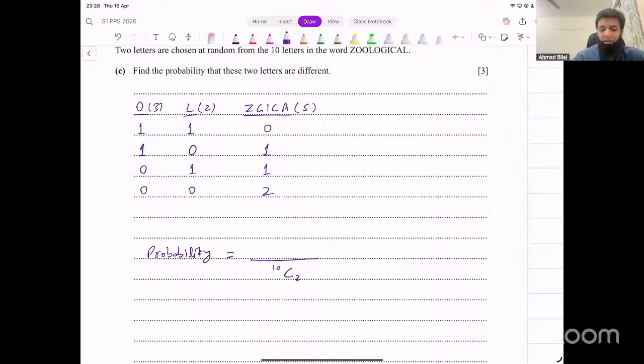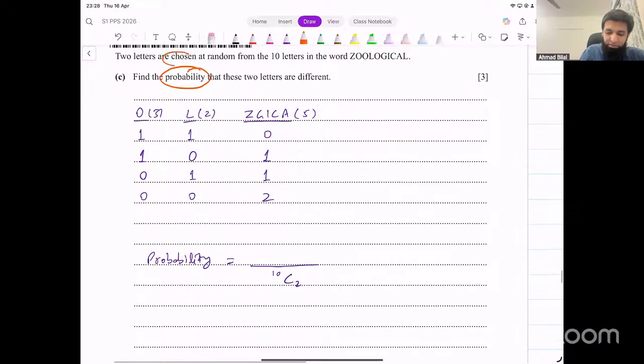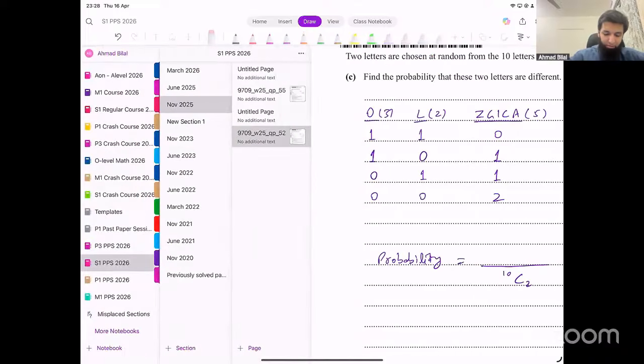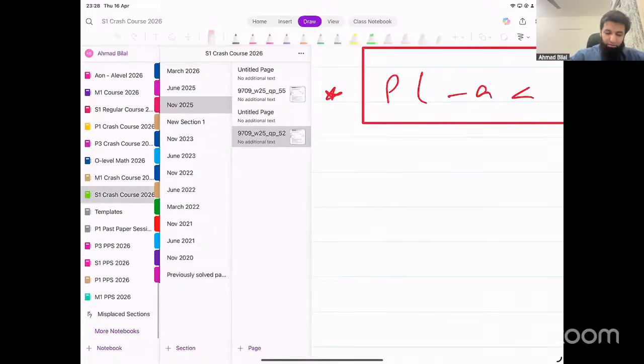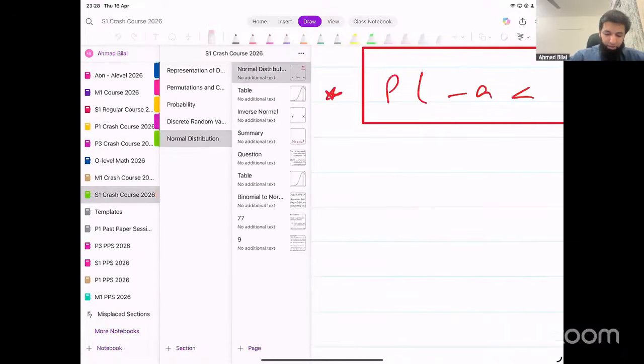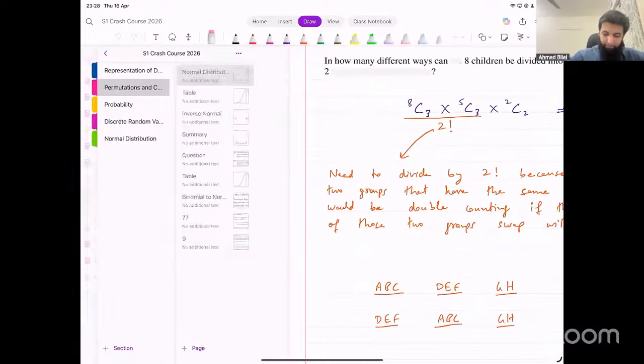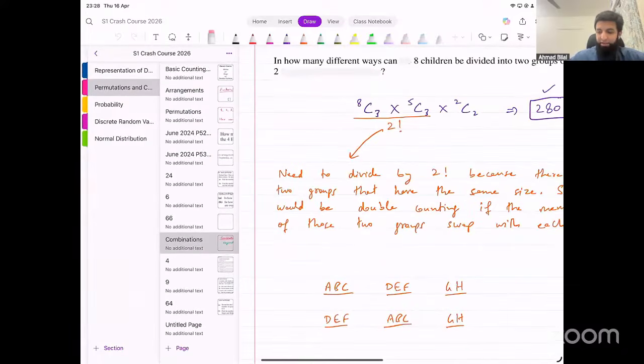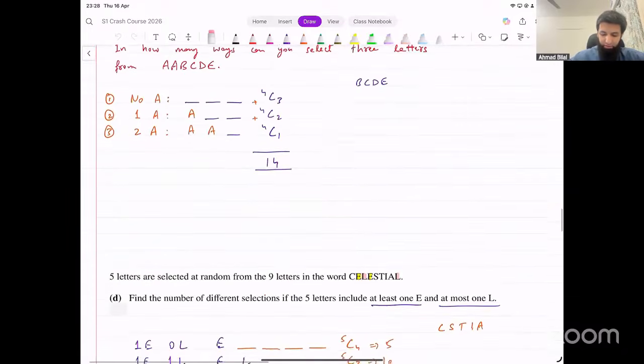What about the numerator? Remember, this is that case in which we are finding probability, and we have combinations, and we have repeated letters. What did we use to do in such problems? We had to treat each letter as different.